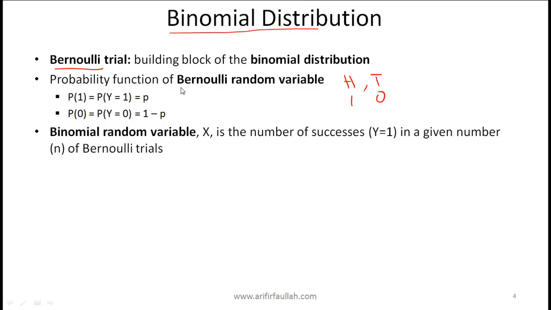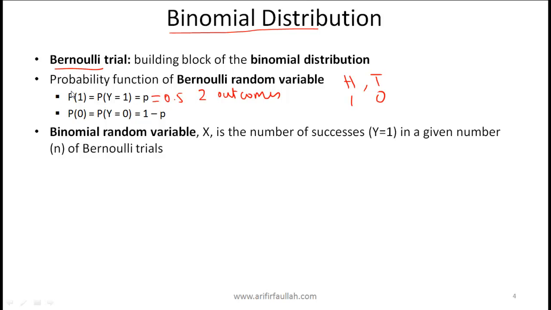The property of a Bernoulli random variable is that there are only 2 possible outcomes, and the probability of success is always the same no matter how many times you perform this trial. So no matter how many times you flip a coin, as long as it's a fair coin, the probability of success will always be the same, which is 0.5.